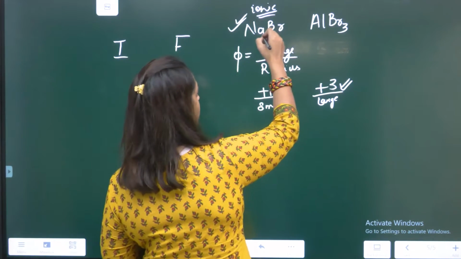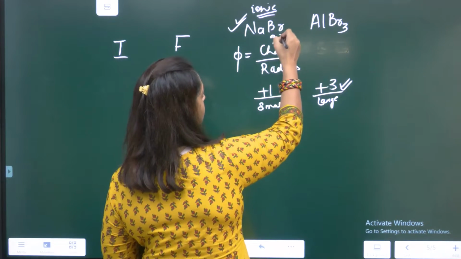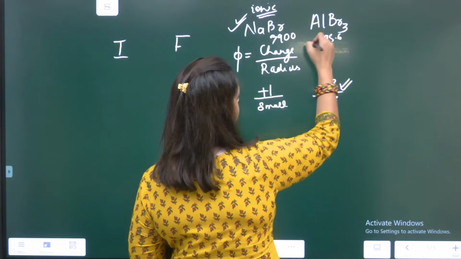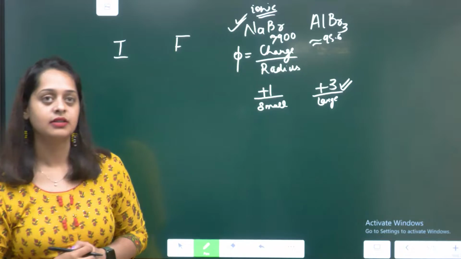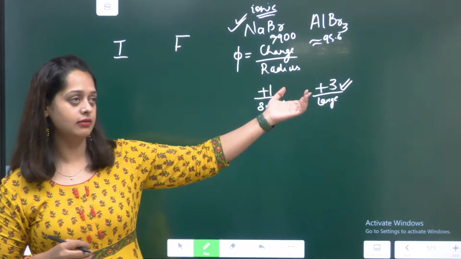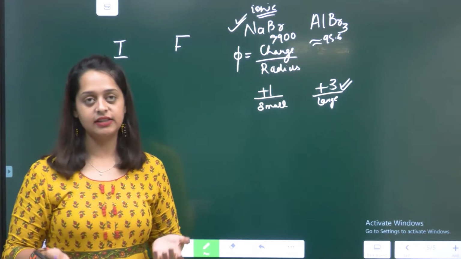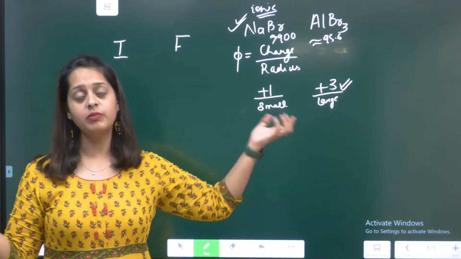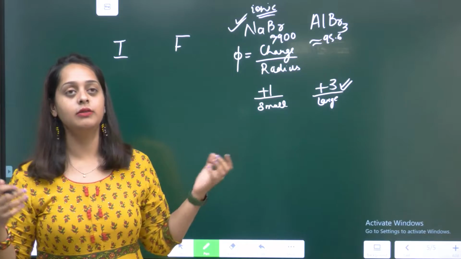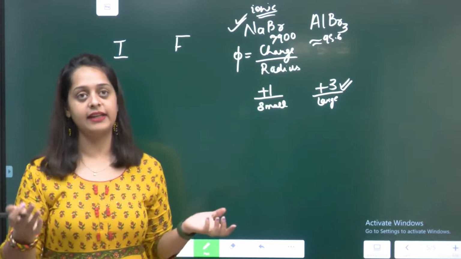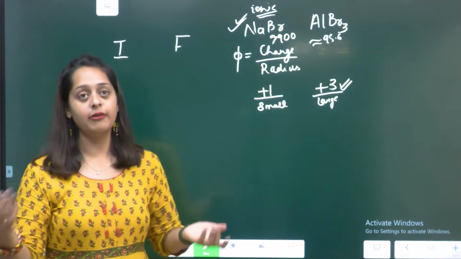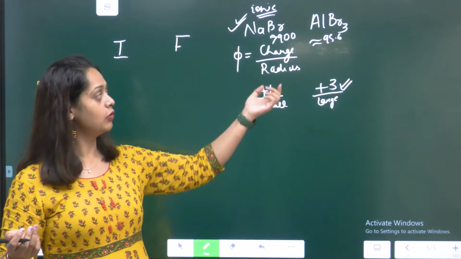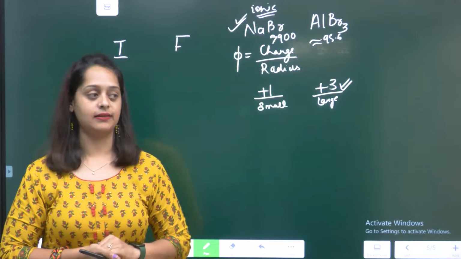That's why the melting point of NaBr is more than 900, whereas AlBr3 is about 95.6, due to the covalent character. Otherwise, whatever we studied in lower classes, Al3+ and Br-, both cation and anion combining, it should have been ionic, but it has more covalent character, due to which the melting point is this low. Clear?